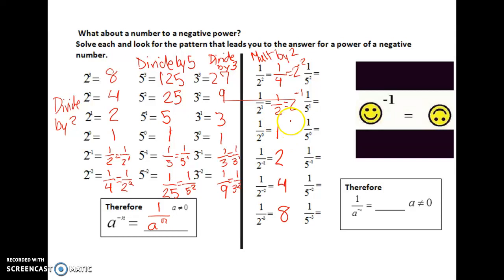This was the same as 2 to the 0 power. 2 is really the same as 2 to the first power. 4 is really the same as 2 squared. And 8 is really the same as 2 to the third power. I want you to do the same relationship with the ones over here, and pause the video, and I'll have the answers up here when you unpause the video.